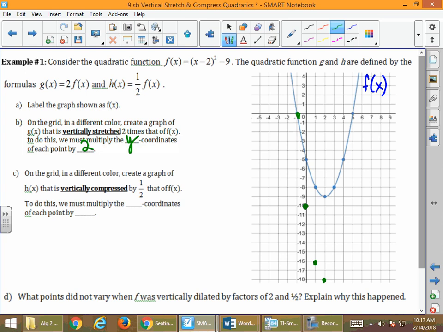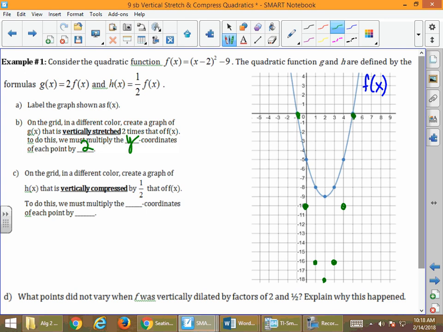The next point, 3, -8. -8 times 2 is -16. 4, -5. We're multiplying the y's by 2, so -5 times 2 is -10. And then 5, 0. Multiplying the y part of that, 0 times 2 is still 0.